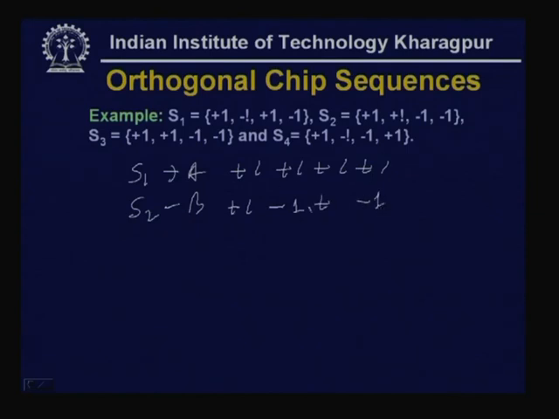In this way, if you assign and perform that multiplication and addition, you will see that whenever you are transmitting A and C, or A bar and C, or if other stations are not transmitting, even in that case it will work.